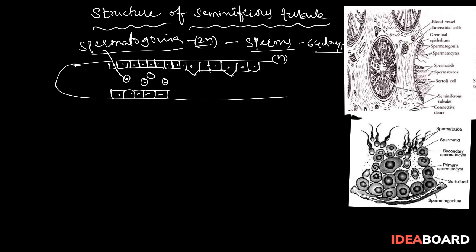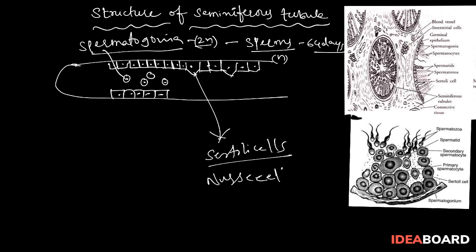Moreover, in the seminiferous tubule structure, in between these cube-shaped epithelial cells, there are some pyramid-shaped cells present irregularly. These pyramid-shaped cells are called Sertoli cells, also called nurse cells of the testes, or sustentacular cells. During the spermatogenesis process, the spermatozoa are nourished by these cells.